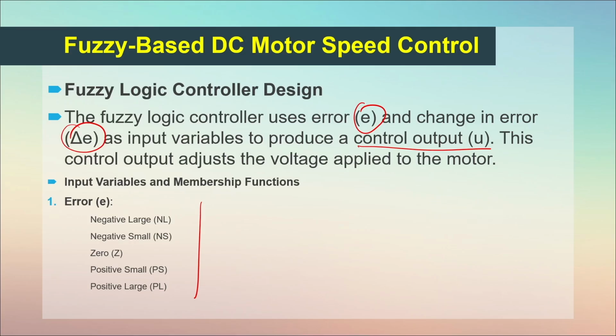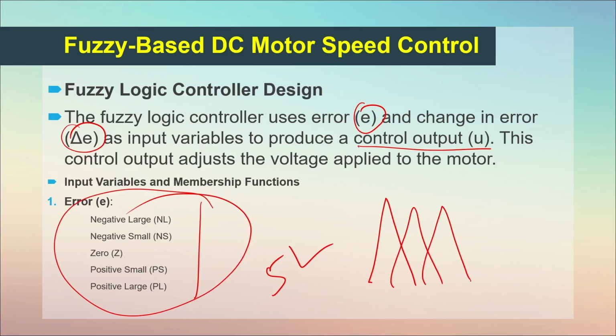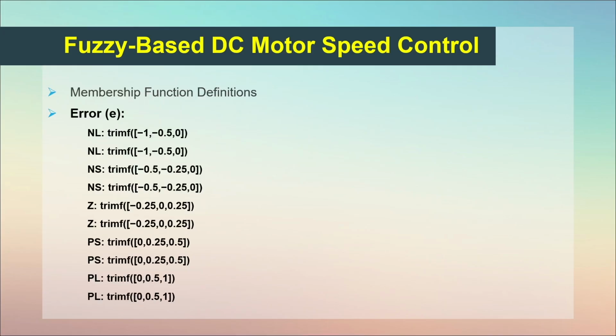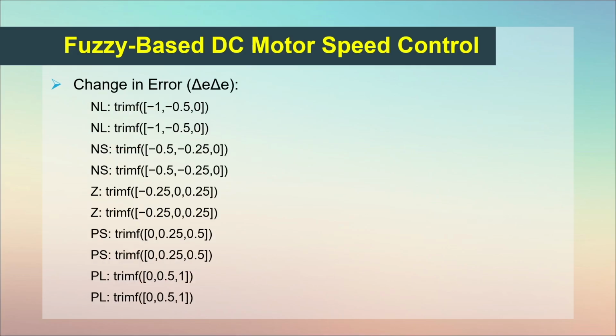This error is quantified as 5 linguistic variables, for which all the cases are treated with a triangular membership function, and another one is change in error, and the final one is control output U. Remember, error is treated as a triangular MF, as well as the change in error, like what we have discussed in the PID controller.